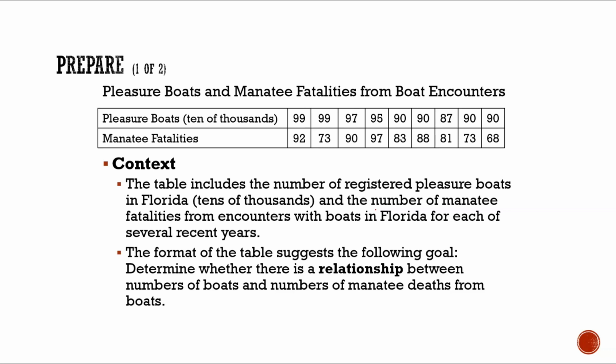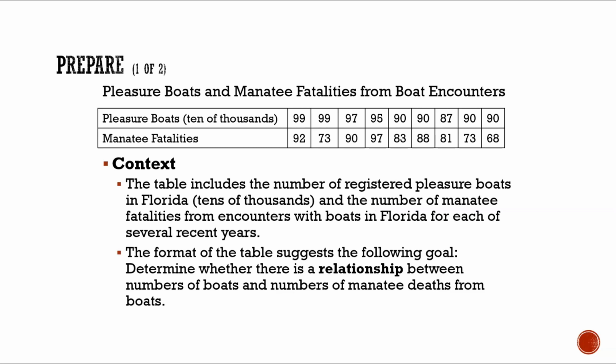And then these are how many, I don't know why the textbook used this, it's pretty sad, manatee fatalities from them hitting propellers of boats and whatnot. So is there a correlation between the two? That might be it. So the context would be understanding what the table is. You format the table since it's paired data. They're trying to see whether there is a relationship, and how that relationship could be characterized between the two variables.